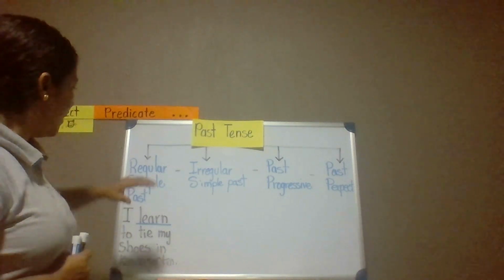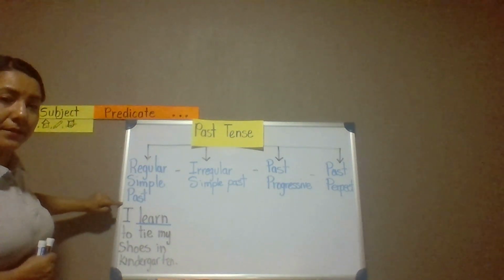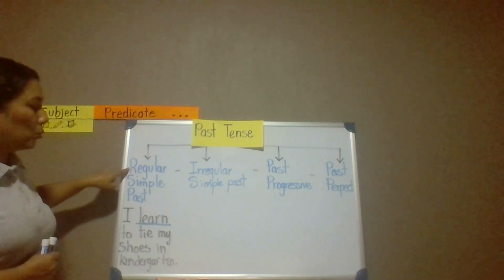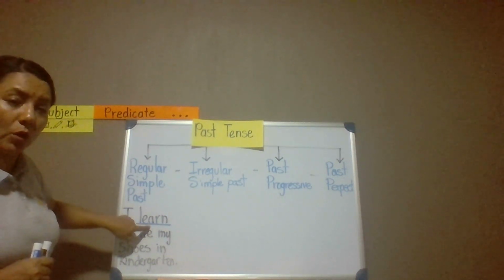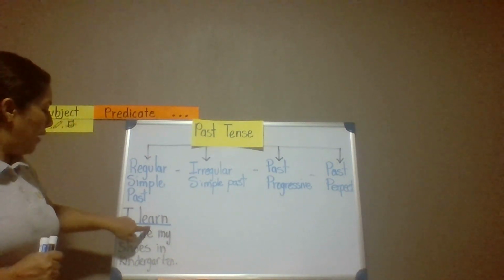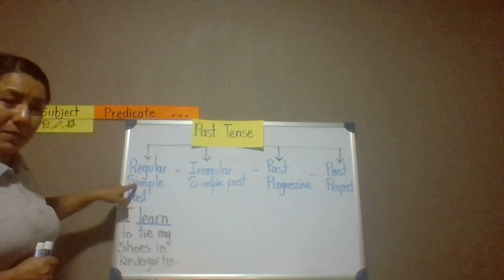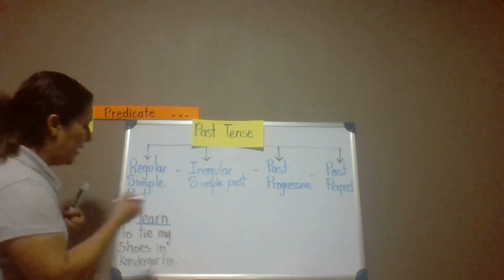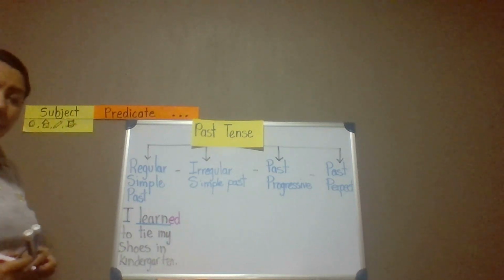To begin with, let's read the example for regular simple past. This tense is regular because the verbs are regular. That means that when we use these regular verbs in past, all we have to do is add ed at the end of the verb.